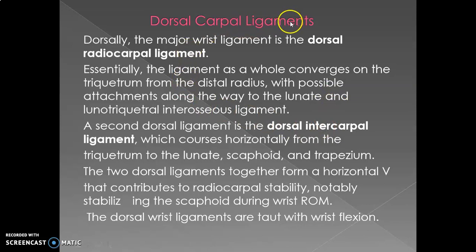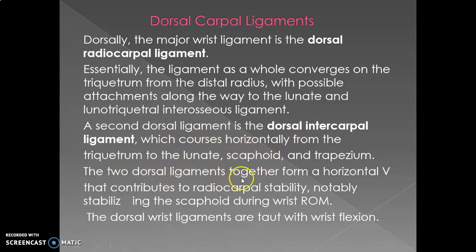So dorsal carpal ligaments. Dorsally, the major wrist ligament is the dorsal radiocarpal ligament. Essentially, the ligament as a whole converges on the triquetrum from the distal radius, with possible attachment along the way to the lunate and the lunotriquetral interosseous ligament. The second dorsal ligament is the dorsal intercarpal ligament, which courses horizontally from the triquetrum to the lunate, scaphoid, and trapezium.